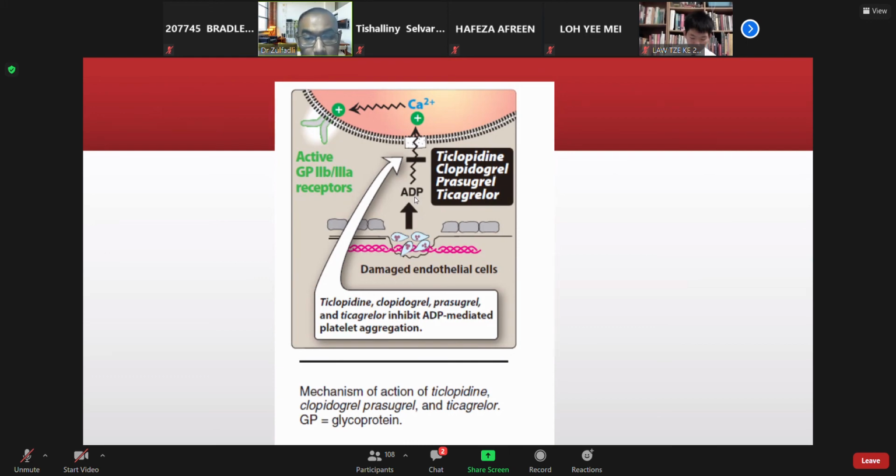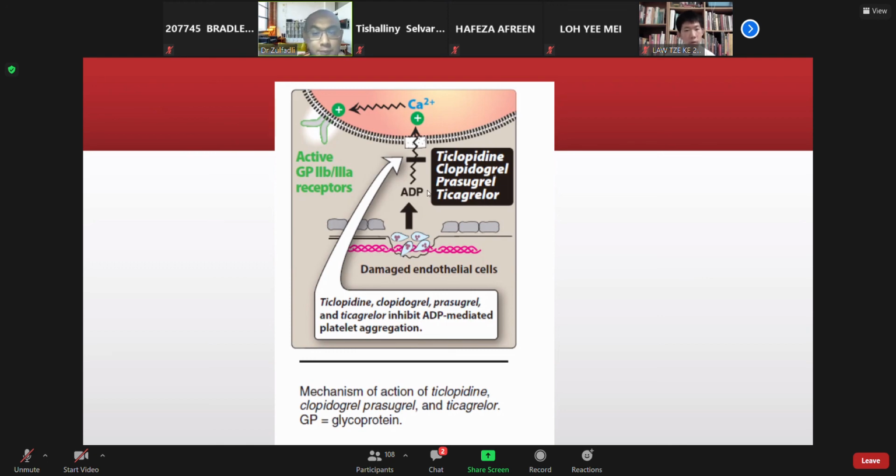The presence of ADP will activate or stimulate the platelet, and in the platelet there is an increased influx of calcium ion. The calcium ion will then activate the glycoprotein 2B and 3A receptor for platelet aggregation.